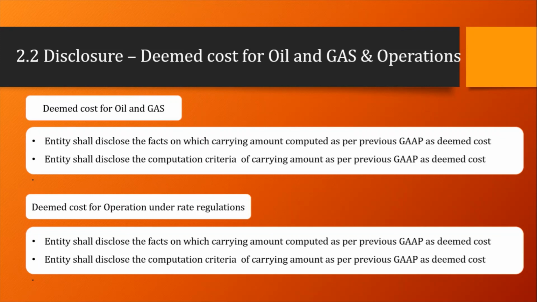If we are considering deemed cost for oil and gas, the entity has to disclose the fact on which the carrying amount as per previous GAAP is used as deemed cost, and also the computation criteria, meaning the calculation procedure followed to compute the carrying amount as per previous GAAP as deemed cost. The same thing they have to perform if the entity deals in operations whose rates are regulated by the government. They have to disclose the facts about the carrying amount, and also the procedure for computation of such carrying amount used as deemed cost.